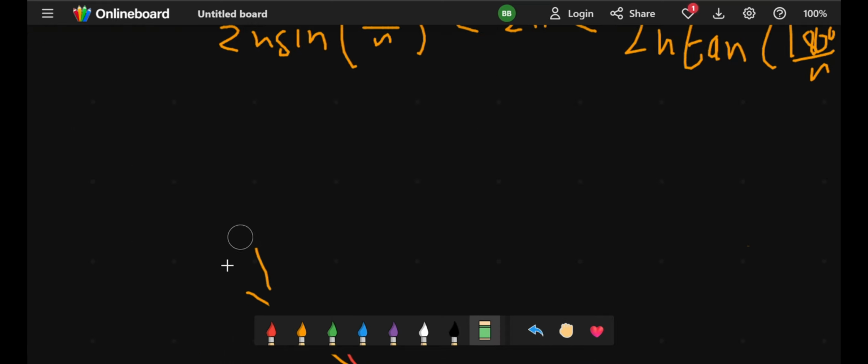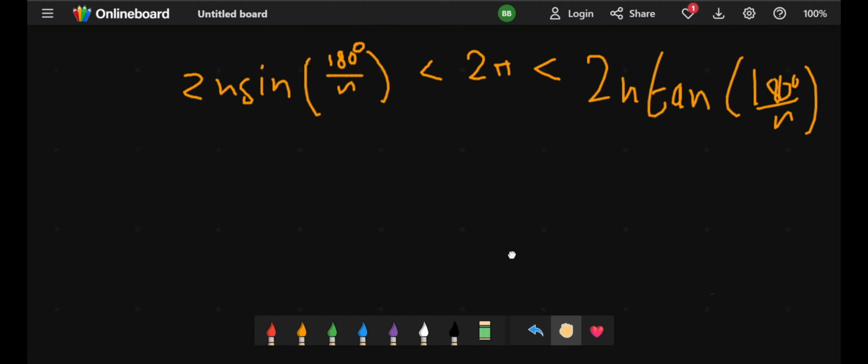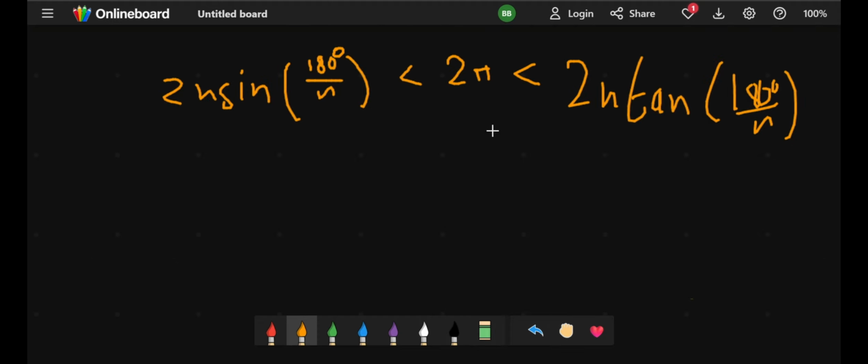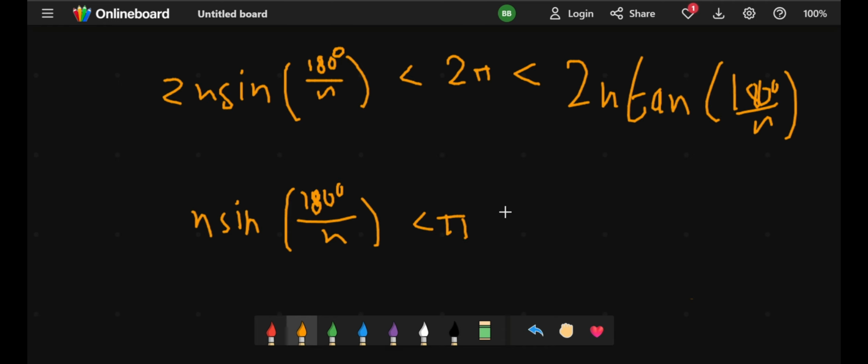And so now, what we can do is, well, we did all this to find 2 pi. Let's divide all the sides by 2 to get n sine 180 degrees over n is less than pi is less than n tangent of 180 degrees over n.